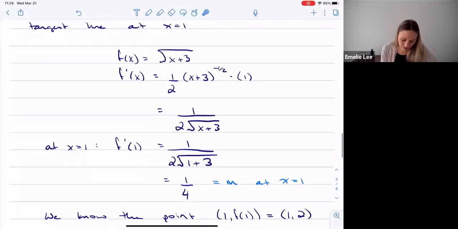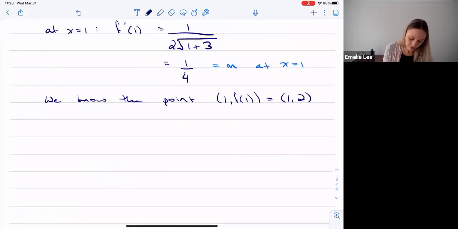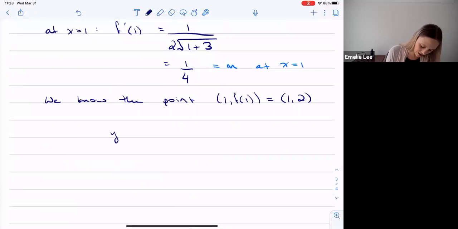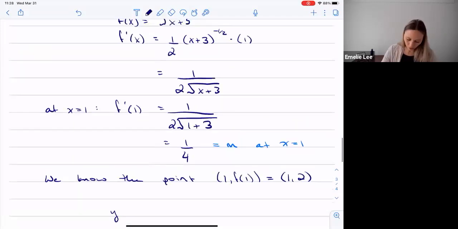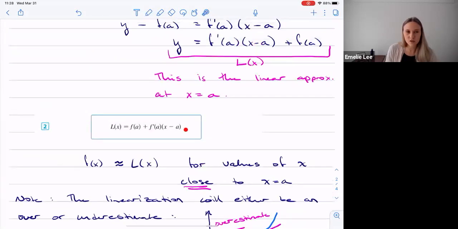Okay, so let's see here. So we know the point (1, 2). So now we can construct the tangent line. I default to just using the point slope form of the line, or if you prefer, you can actually just plug it straight into L of x.